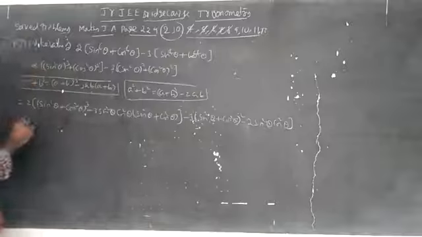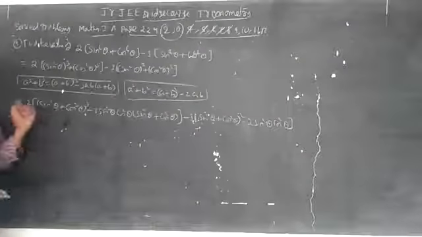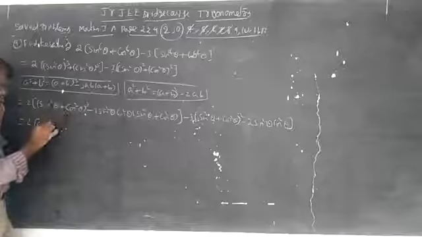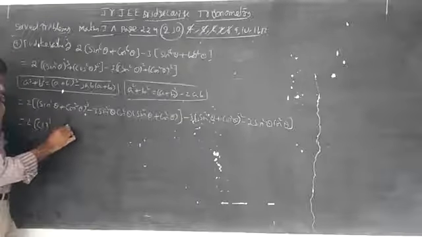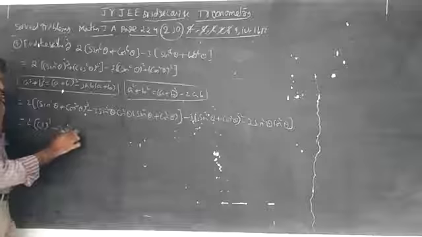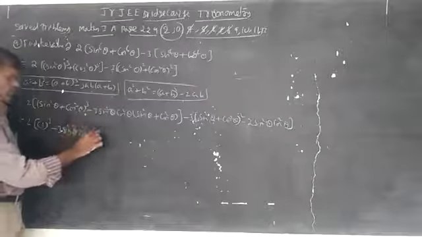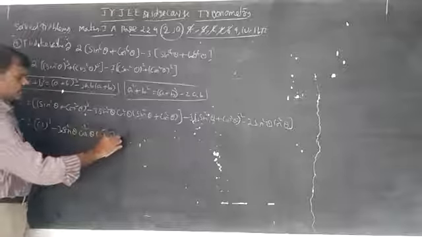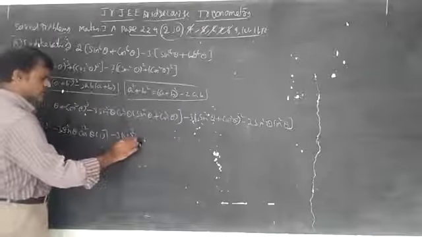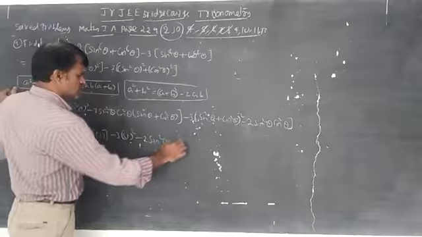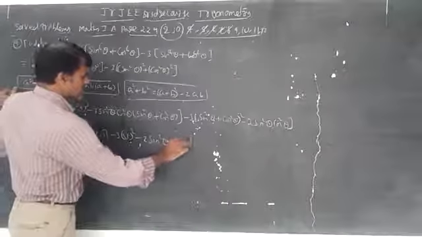Now next step, students, we know that sin square theta plus cos square theta is 1. So 2 into 1 cube minus 3 sin square theta cos square theta into 1 minus 3 into 1 square minus 2 sin square theta cos square theta.